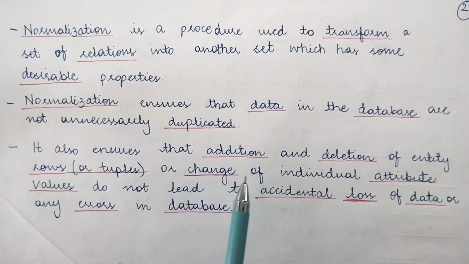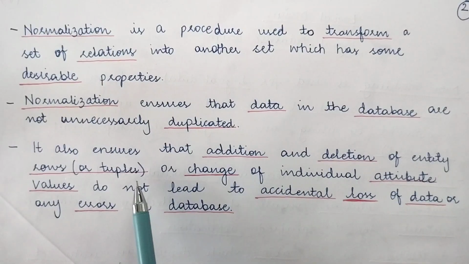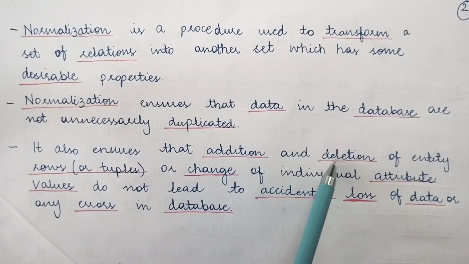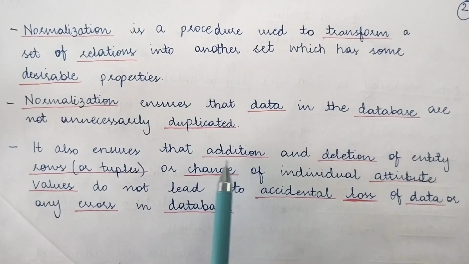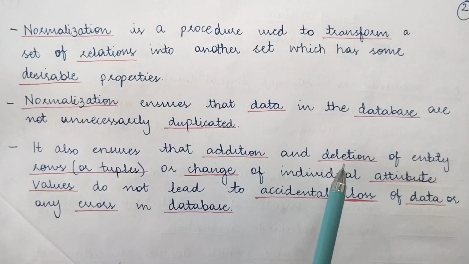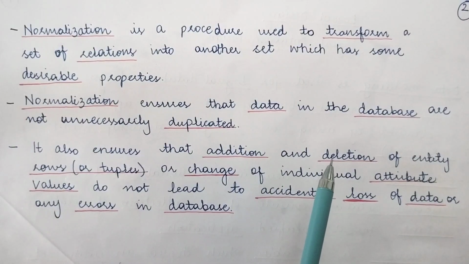It also ensures that addition and deletion of entities is handled properly. Obviously, there are times when we need to add data into the database, or when we need to delete data from the database. Say for example, in the student entity set, when a new student takes admission, you will add the records for that particular student. Similarly, when an existing student leaves the institution, you will delete the records for that particular student.